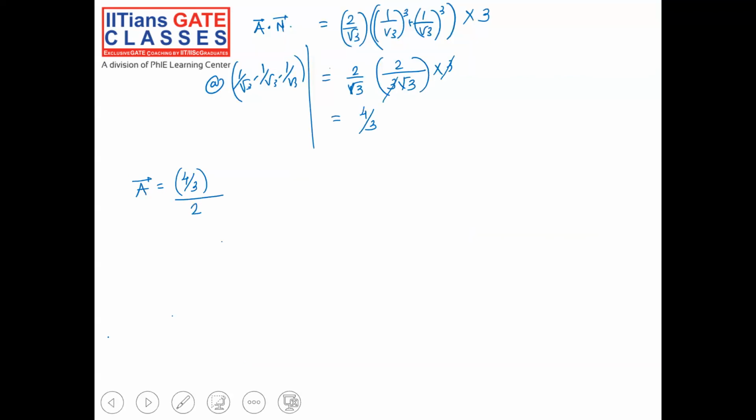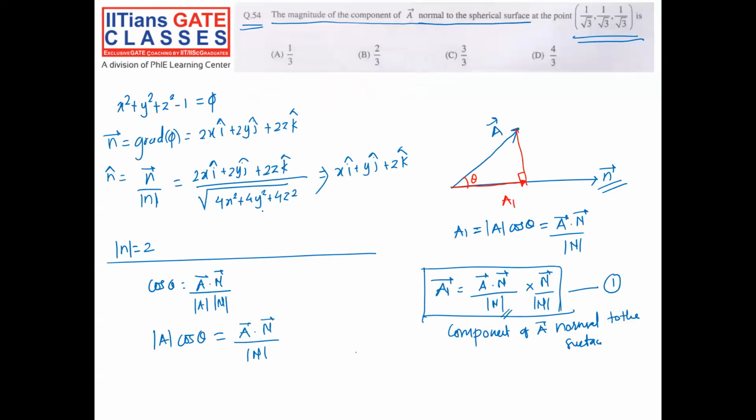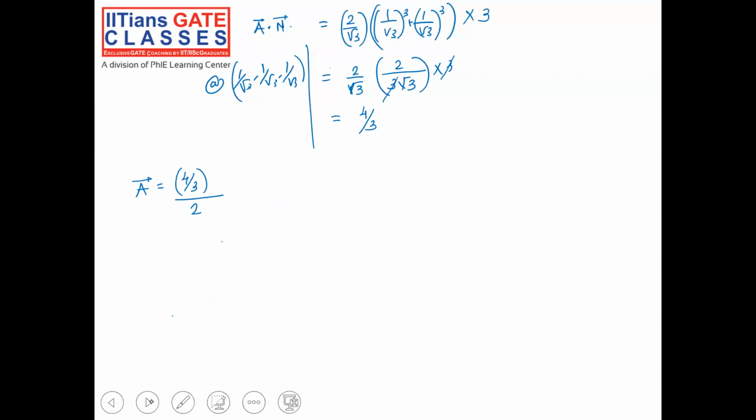We have already calculated this. If you remember here, we have said that this is equal to 2. Yeah, here we have written. And we have one more mod of n in the denominator, and we got n bar here. So n bar is 2xi plus 2yj plus 2zk divided by 2 here.